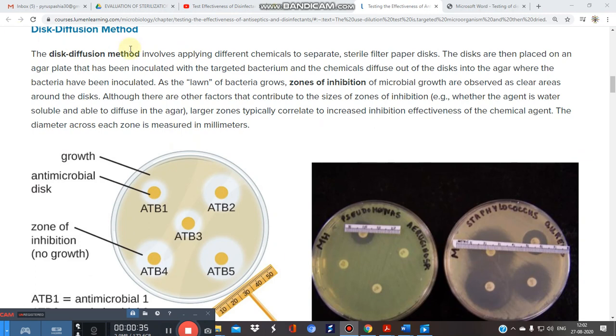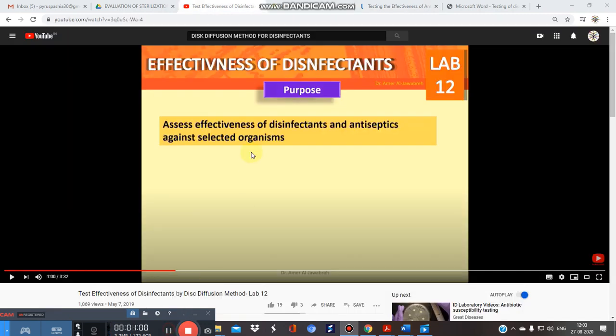Just read this. This method involves applying different chemicals to separate sterile filter paper discs, and the discs are then placed on an agar plate that has been inoculated with the target bacterium, and the chemical diffuses out of the disc into the agar plate where the bacteria have been inoculated.